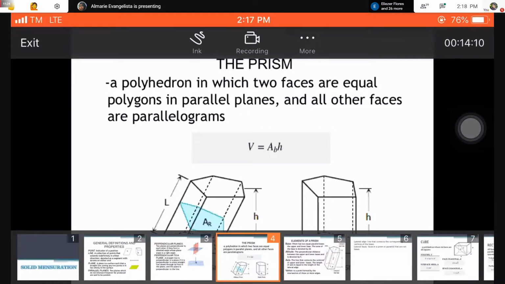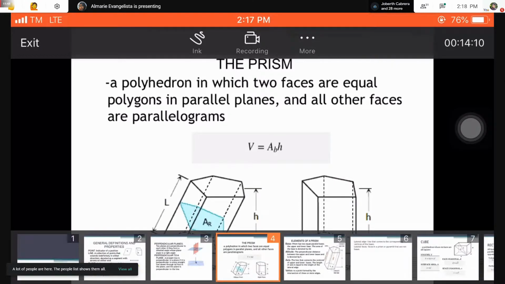So, kanina, nabanggit natin yung polyhedron. So, polyhedron, a solid whose faces are plane polygons. Ito yung mga plane polygons: rectangle, trapezoid, triangle.